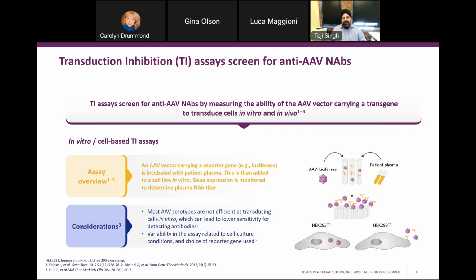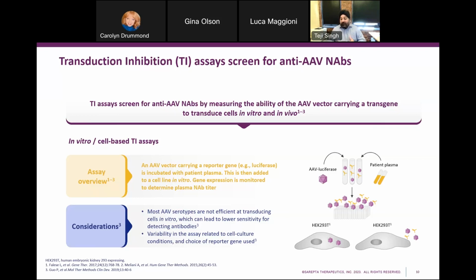So luciferase detects basically a chemical reaction that shows up as a color. You take that vector and you incubate it with the patient's plasma. If the patient's plasma contains neutralizing antibodies, it will bind to the vector and prevent it from infecting the cells in that test system, that in vitro system.